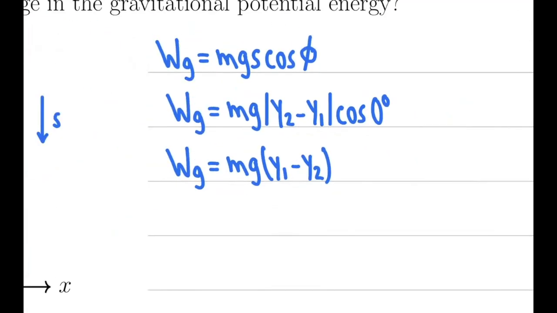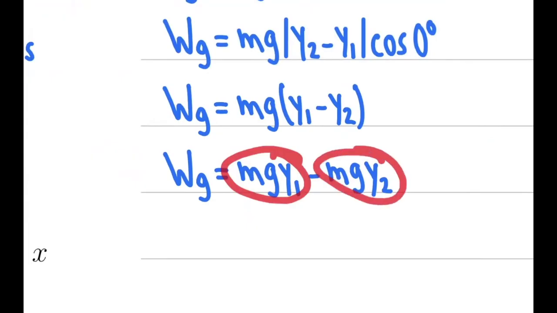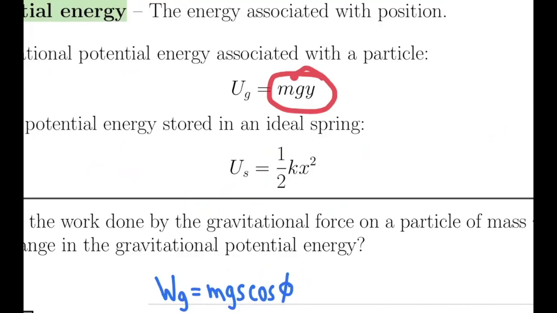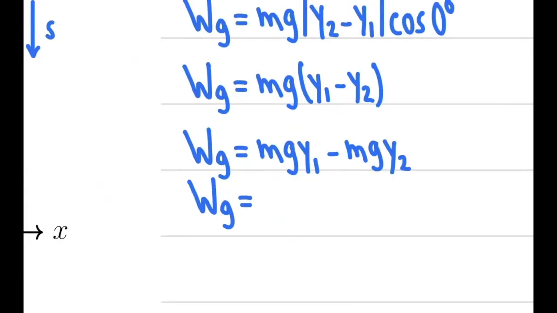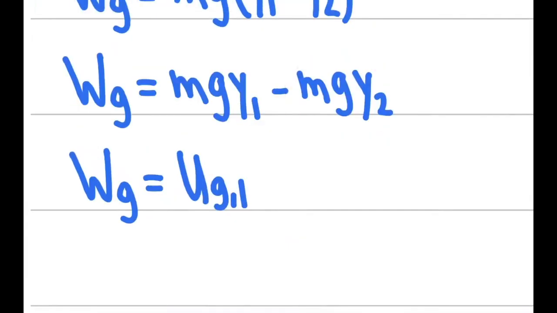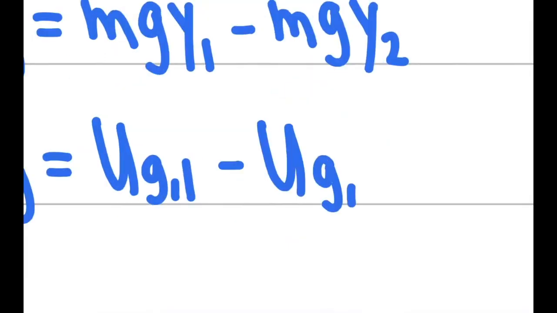So now what I can do is distribute mg, and this looks very familiar. mgy1, that's just the gravitational potential energy at y1. This is just U_g1, and mgy2, that's just U_g2.